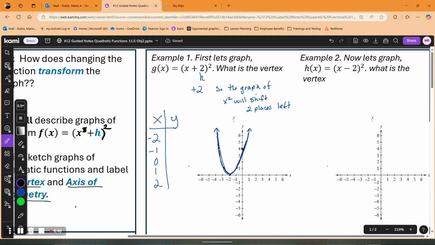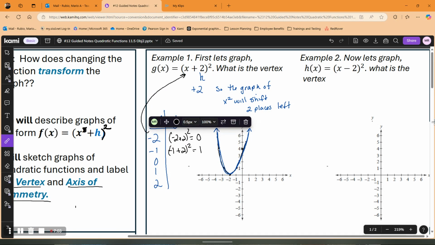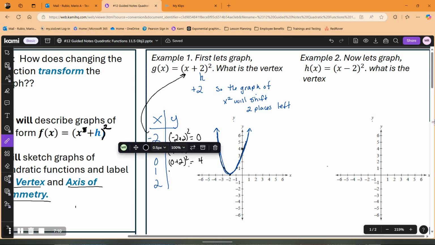If I substitute those into this equation, I'm going to get -2 plus 2 squared, which is 0. -1 plus 2 squared is 1. 0 plus 2 squared is 4. 1 plus 2 is 3, squared is 9.